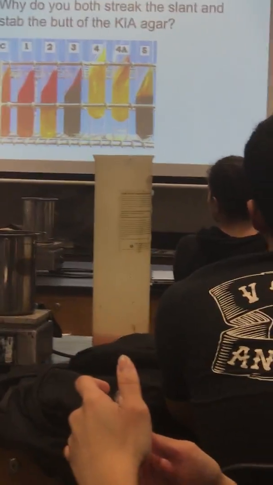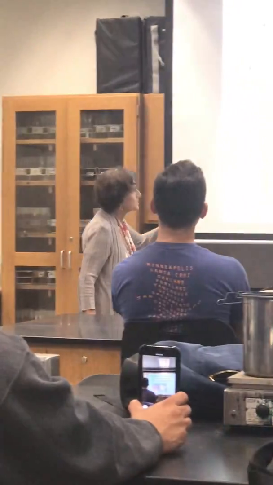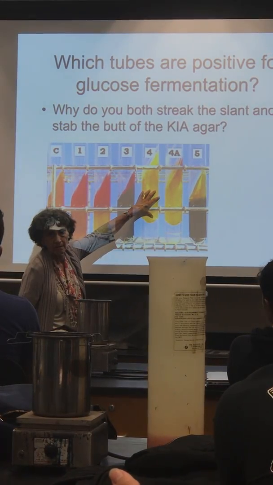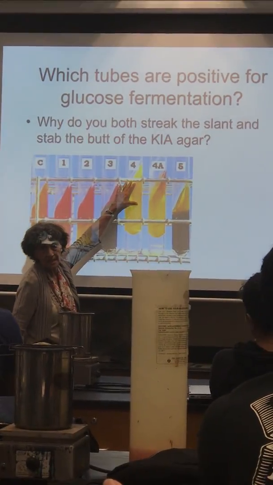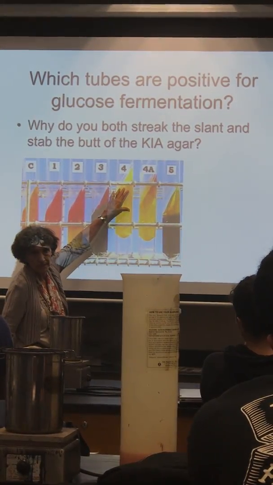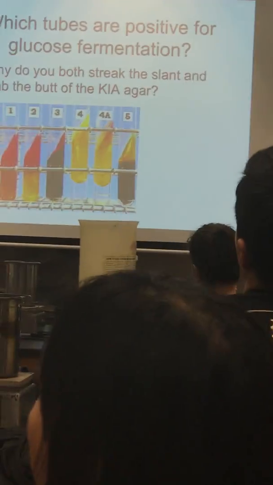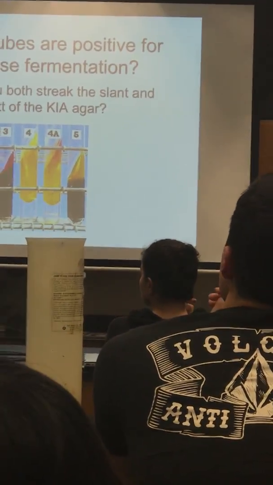First of all, you stab the butt so that this is going to be anaerobic growth. And the slant is going to give you aerobic growth as well as anaerobic growth. So when the organism is inoculated, if it can use the glucose, it begins to use the glucose.